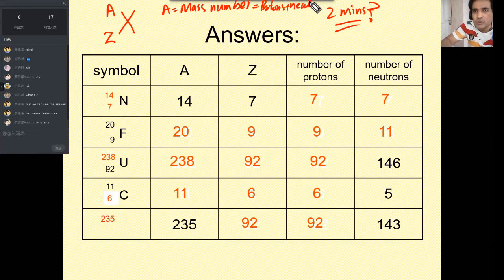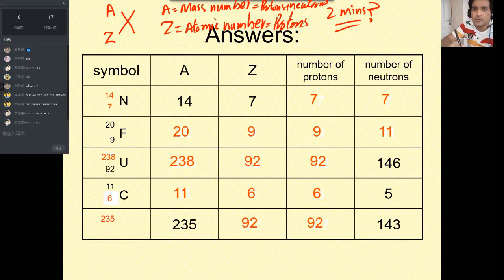And Z, the atomic number, is equal to the number of protons. Does anyone have any questions about this until now? If you don't have questions, let's move on to the next.